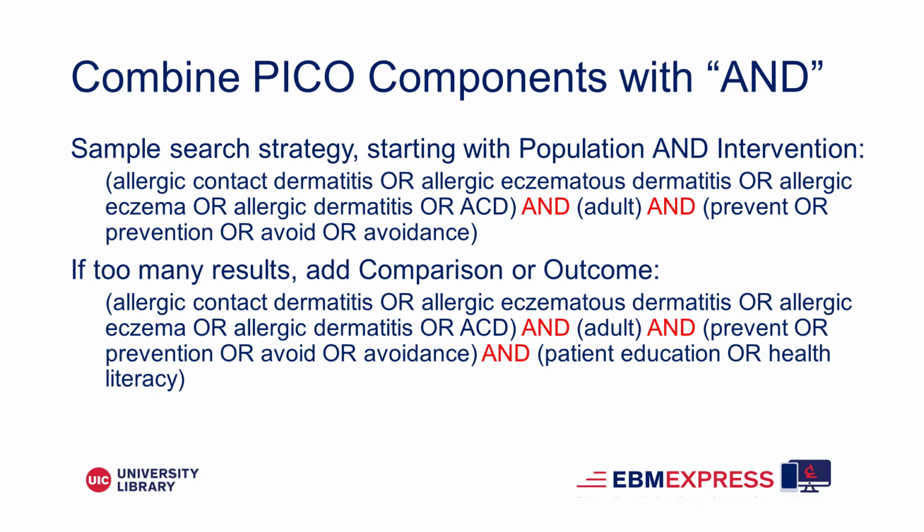Here is a sample search strategy for the PICO question on prevention of contact dermatitis. One of our search tips was to start by combining two concepts before adding a third or fourth concept. If there are too many results when searching just population and intervention, then add the comparison and potentially the outcome.